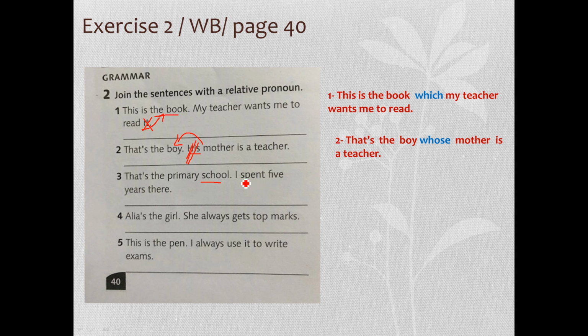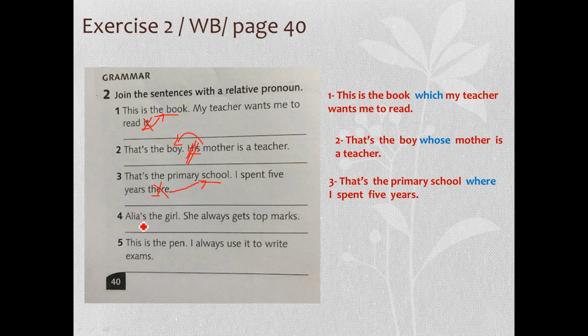So you have to look for the pronoun or the noun that refers to the school. بدنا نشوف هون بهاي الجملة أي ضمير أو أي كلمة تعود على كلمة مدرسة. برافو, it is the word there. هي كلمة there وهي عائدة على المكان على السكول. So we get rid of this one، نحذفها. طبعا there in Arabic معناها هناك، فتصبح جملتي That's the primary school where I spent 5 years. هذه المدرسة الابتدائية التي قضيت فيها 5 سنوات.